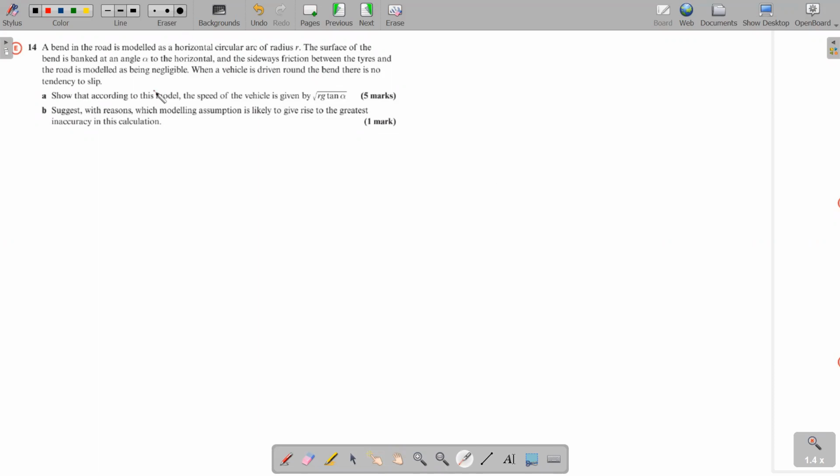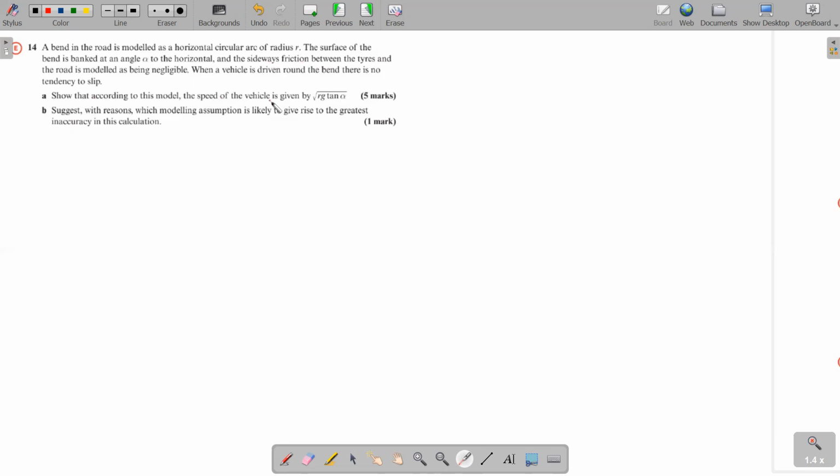The only difference is that instead of working with figures, you're working with letters. When a vehicle is driven around the bend, there is no tendency to slip. Show that according to this model, the speed of the vehicle is given by root rg tan alpha.